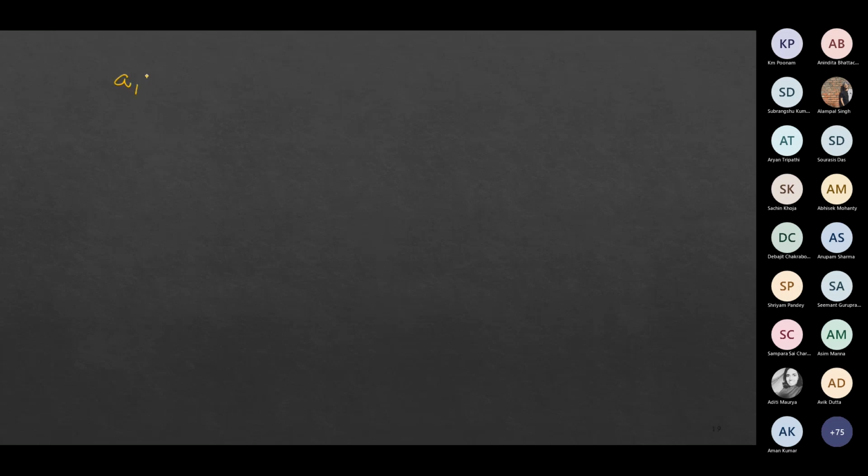A1 or A2, or X, or A3 or A4. So this is one statement that is there in your knowledge base, and the other statement is B1 or B2, or not X, or B3 or B4. So if we apply resolution on these two, what will I infer? Can any one of you tell me?